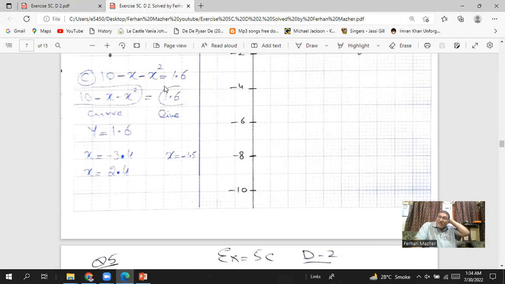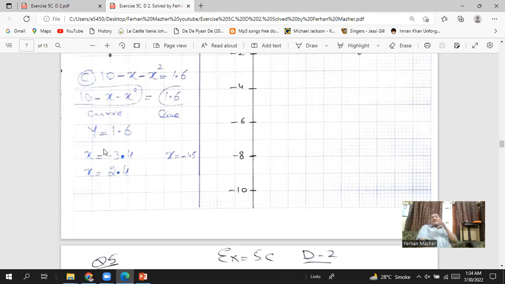So whatever is on the right side, that is 1.6, I will say this will be the line. So you make it equal to y, so y equals 1.6. This left side represents the curve, and this right side represents the line. So the line is y equals 1.6.